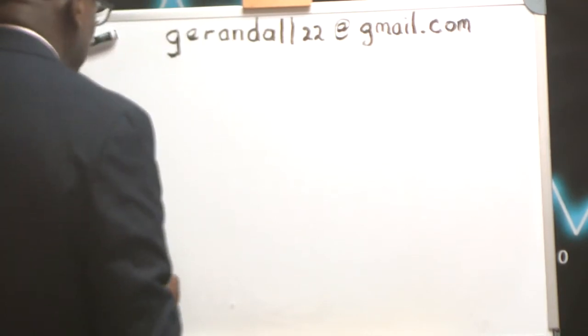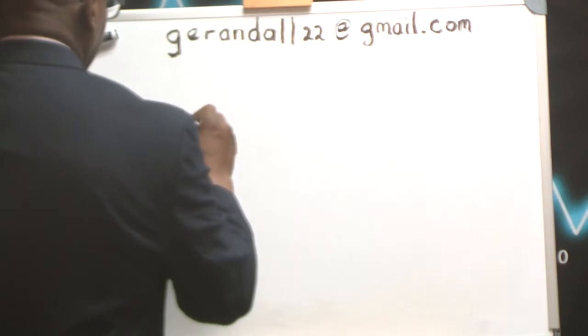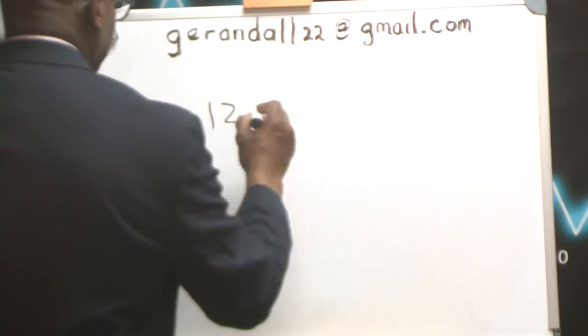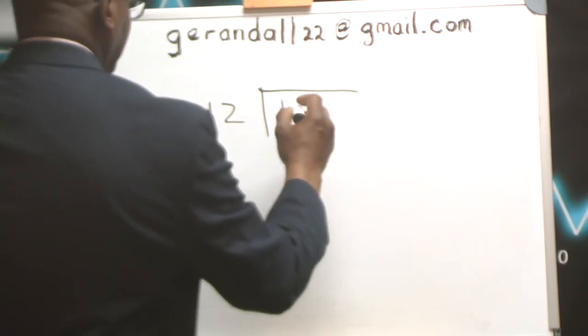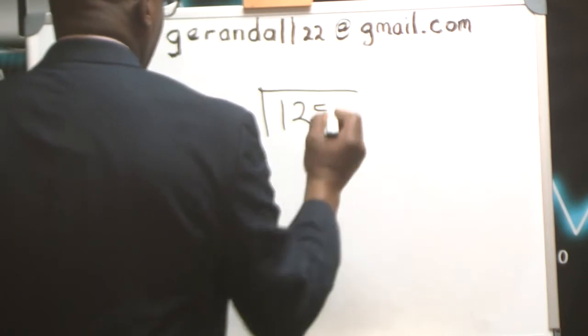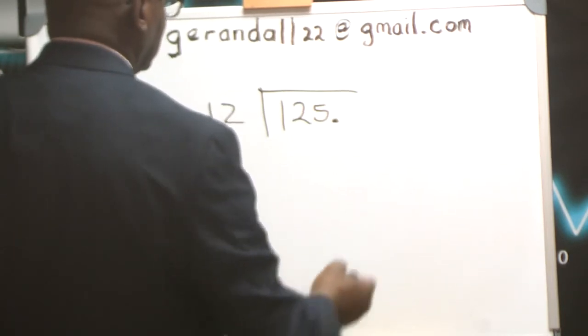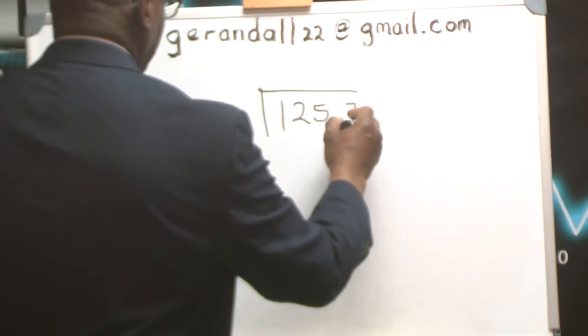And we're going to start off with something very simple. We've got divisor, 12 hundredths. And we have 125 and 72 hundredths.